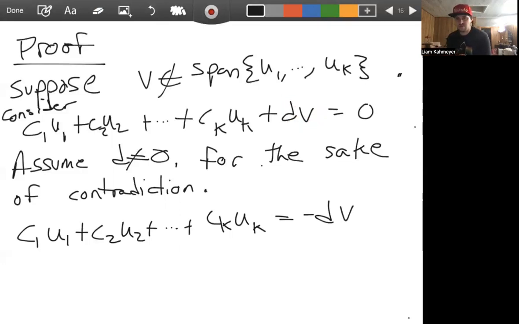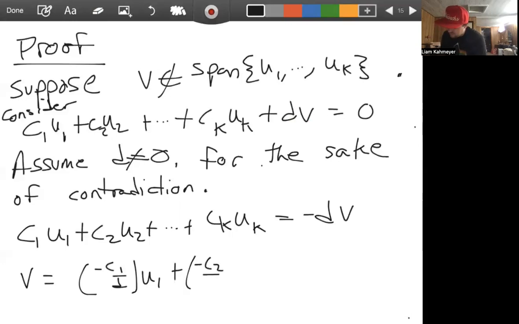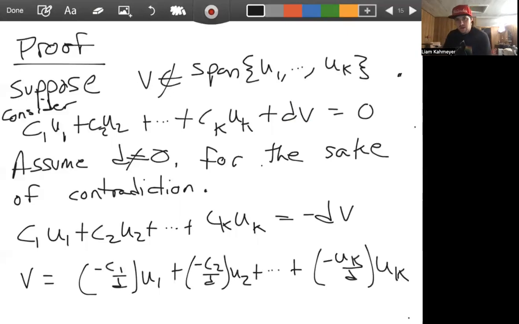Well, this step we could do even if d was 0, but the next step we have to rely on the assumption that d is non-zero, and we can write v as negative c1 over d u1 plus negative c2 over d u2 plus et cetera, plus negative ck over d uk, right?